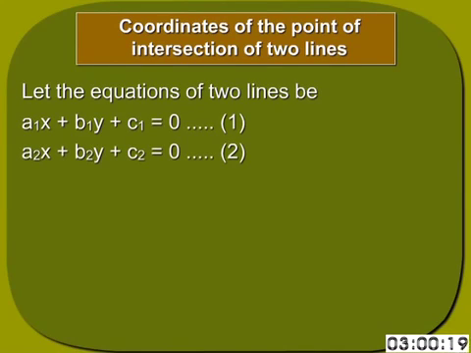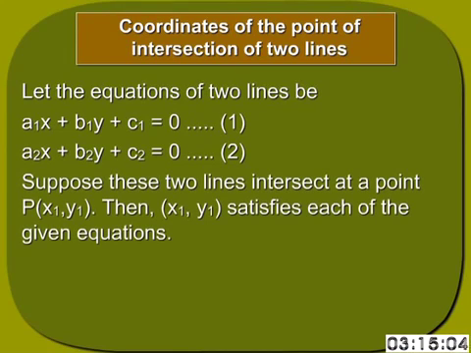Let the equations of two lines be a1x plus b1y plus c1 equal to 0, equation number 1, and a2x plus b2y plus c2 equal to 0, equation number 2. Suppose these two lines intersect at a point P having coordinates x1, y1. Then x1, y1 satisfies each of the given equations.